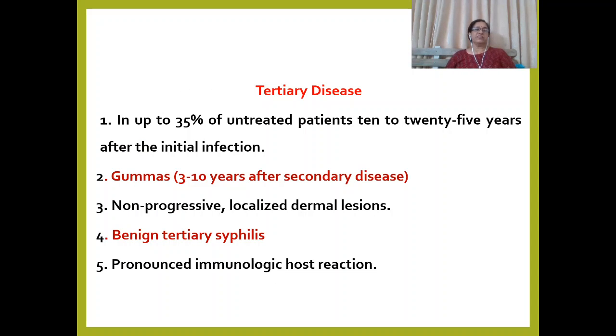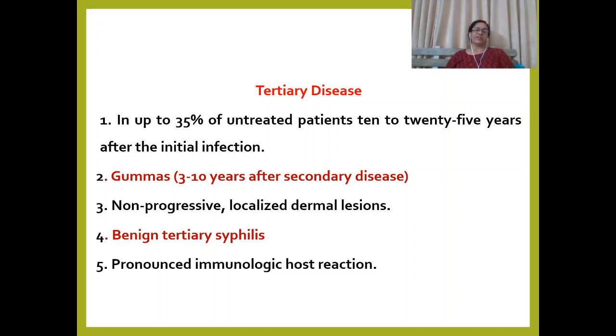In the tertiary stage, there are up to 35% untreated patients. 10 to 25 years after initial infection, they enter the last stage of the disease. And the symptoms which appear on the body of the patient mainly affect the mucocutaneous junctions of the body.